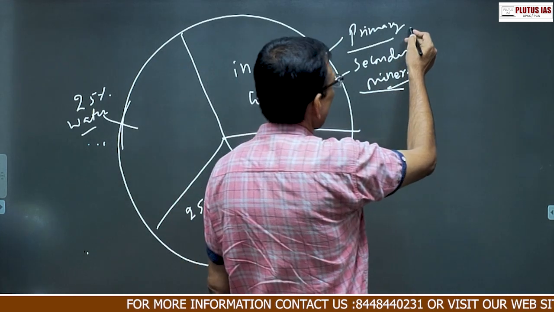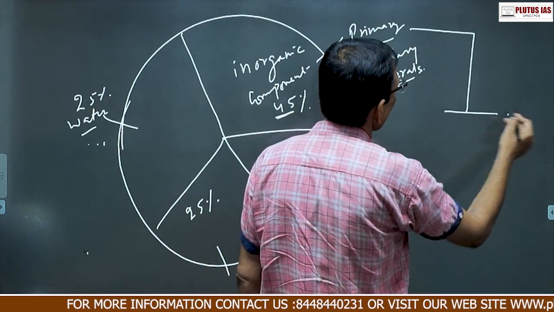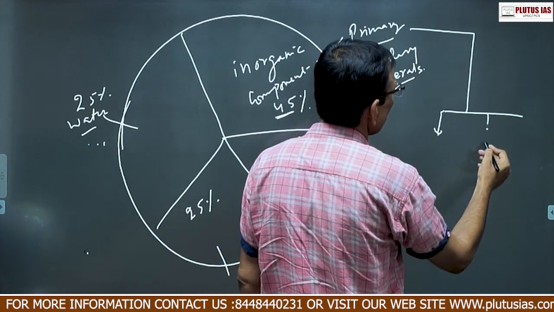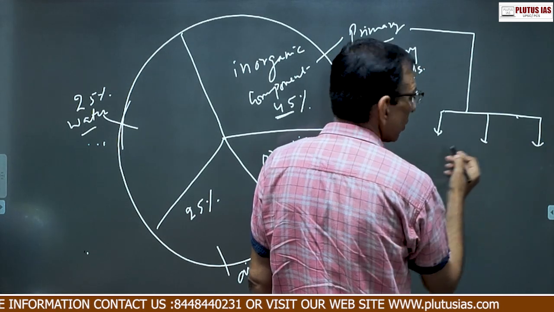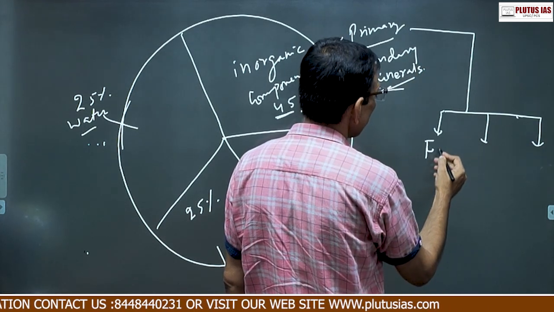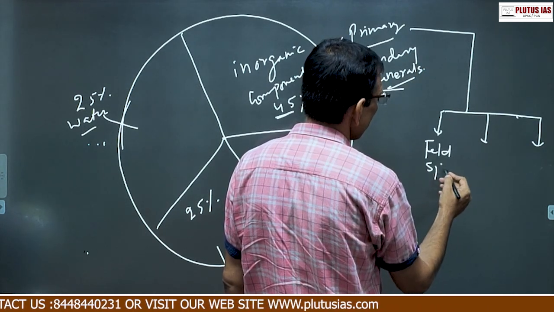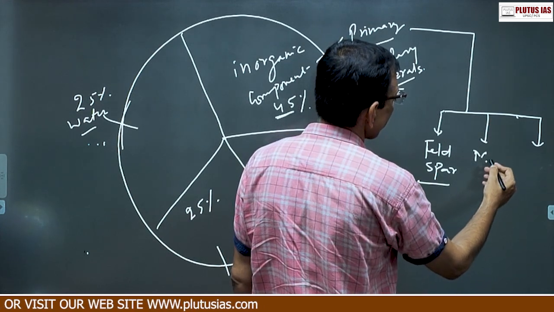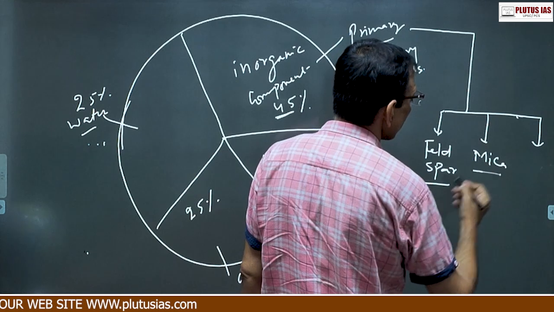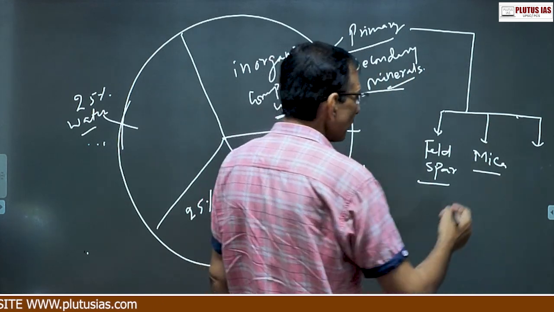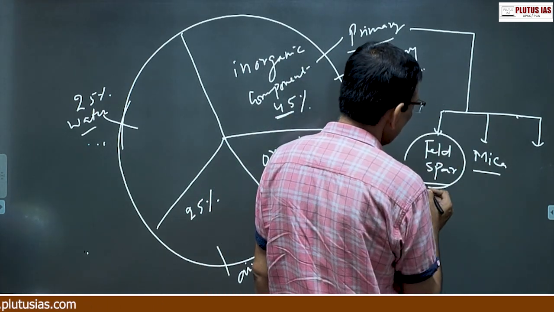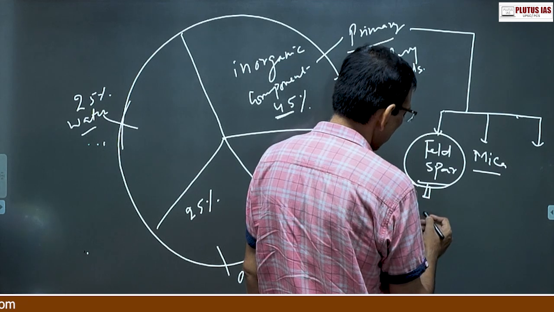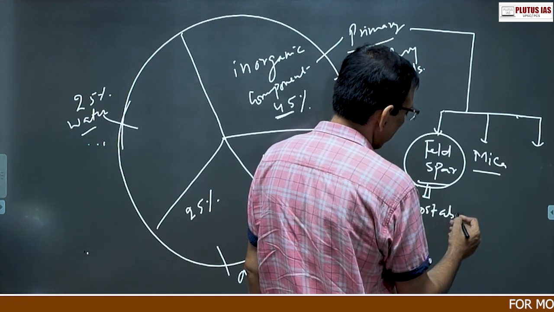So basically, primary minerals are in the earth crust in the form of feldspar, then mica. Feldspar is most abundant.